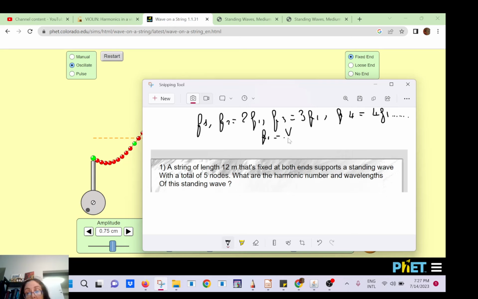It's V over 2L. The second one is twice that. So it's going to be 2V over 2L, which is V over L. The third one is 3V over 2L. The fourth one is 4V over 2L. So each time here, we multiply by 2, so that will be 1 octave, multiply by 3, and we multiply by 4, and so forth, and so on.